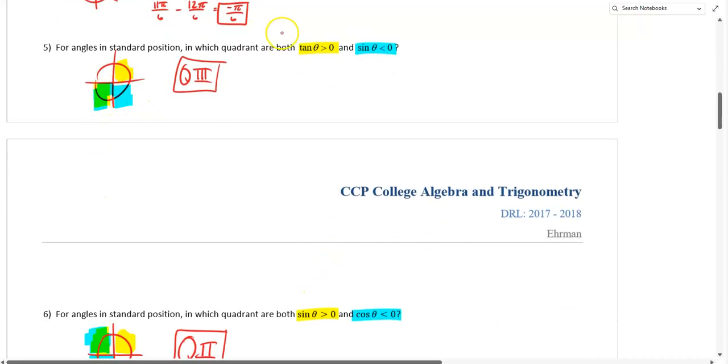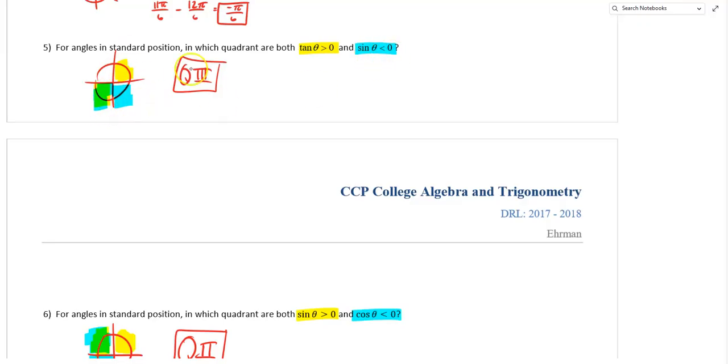For number 5, we recognize where tangent or sine in this case are positive or negative. I'm using the bottom 4 lines on our unit circle quiz to remember where this occurs. Tangent is always positive in the first quadrant and third quadrant. Sine is always positive in the first and second quadrant, so sine must be negative in the third and fourth.